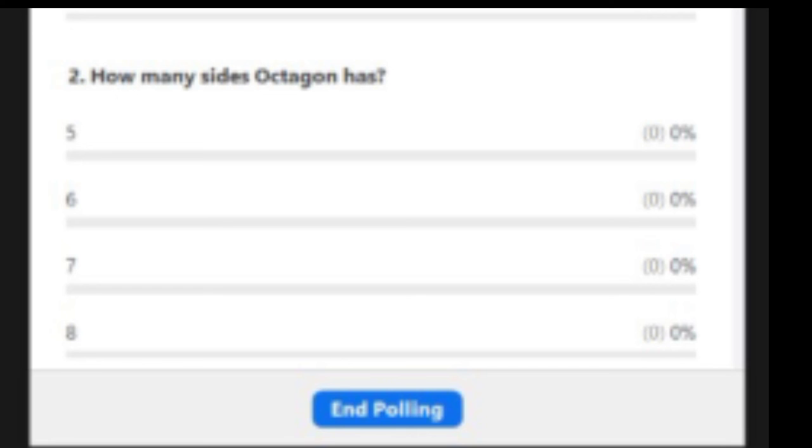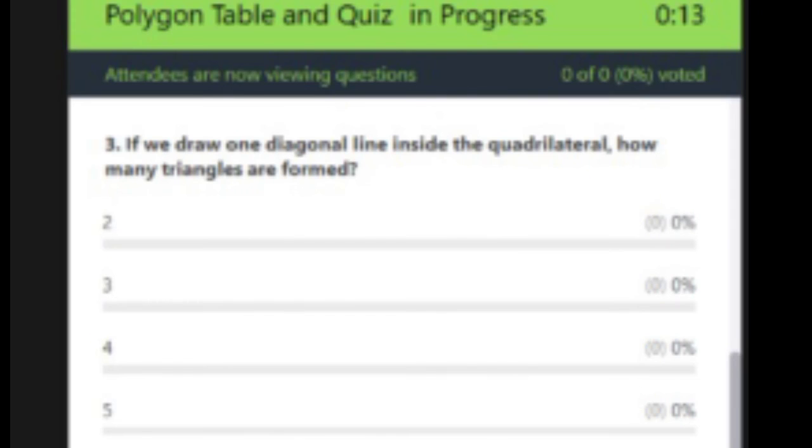Now the third question. Read carefully, children. If you draw one diagonal line inside a quadrilateral, how many triangles are formed? Imagine the figure of a quadrilateral and draw one diagonal in it.